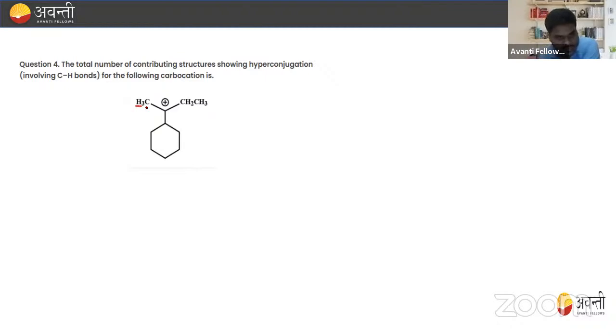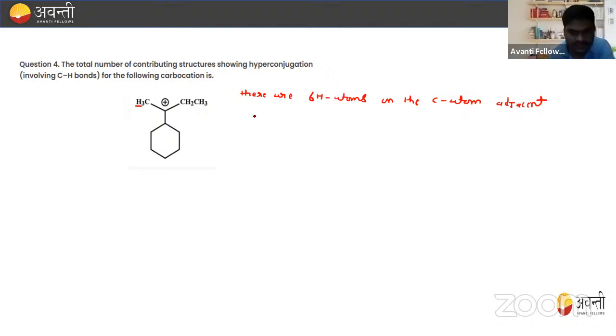So there are six adjacent hydrogens, three here and three on the other side.